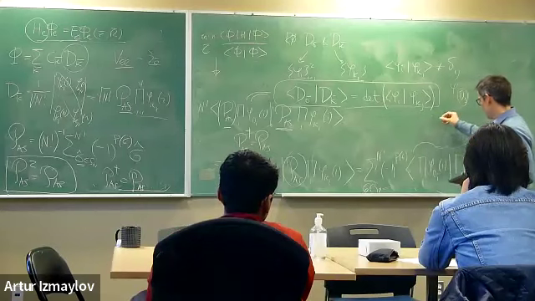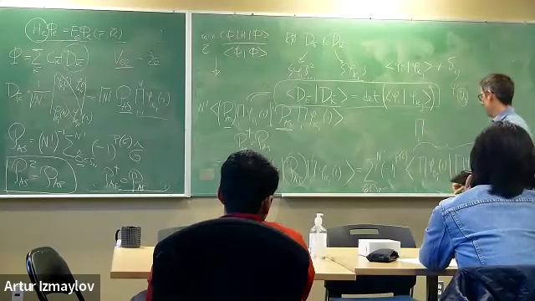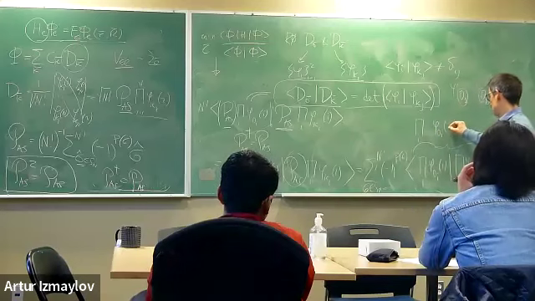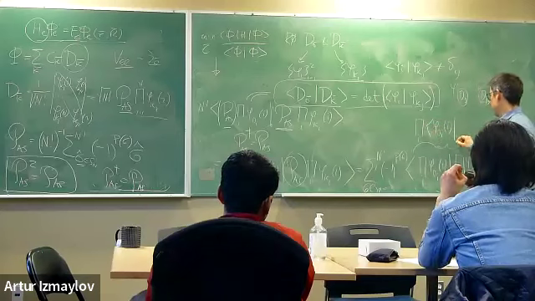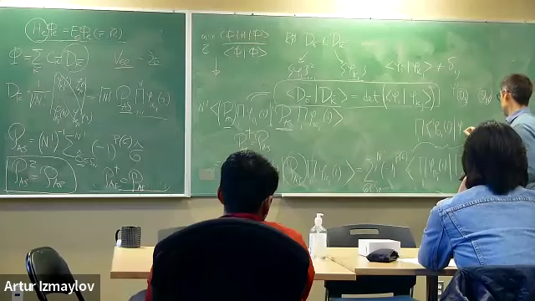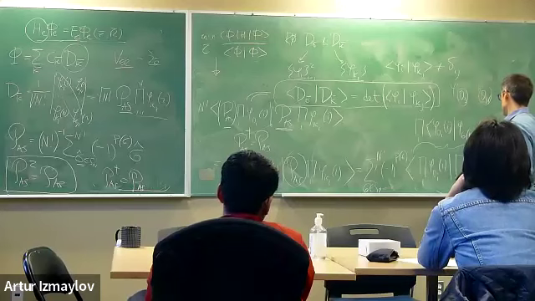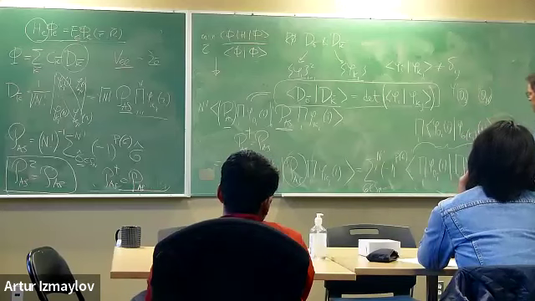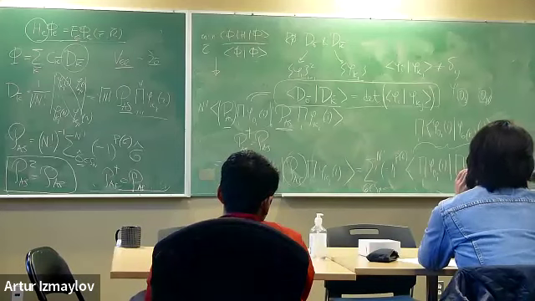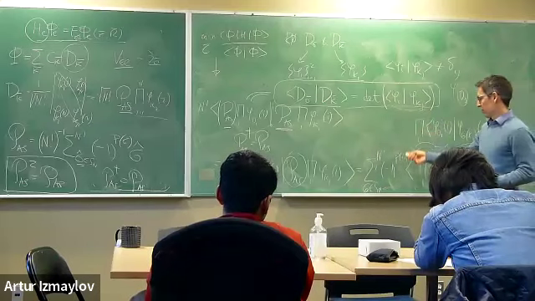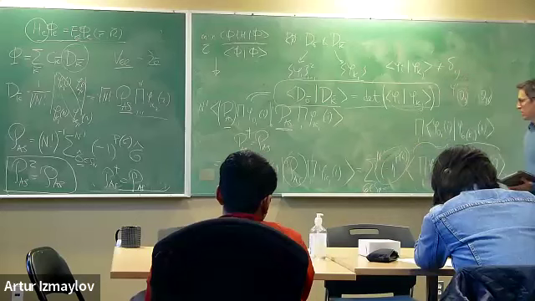That means we have the product over i's, phi over I, each I, phi sigma I. And this is pretty much the determinant of the overlap, because we have the sign of the permutation here.